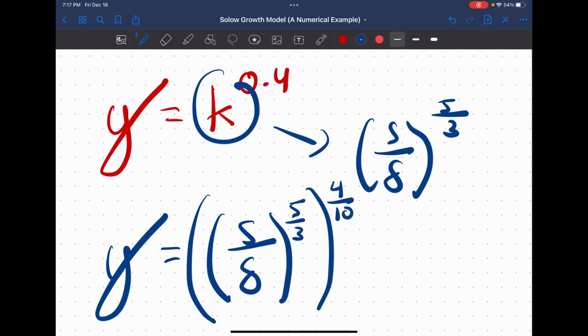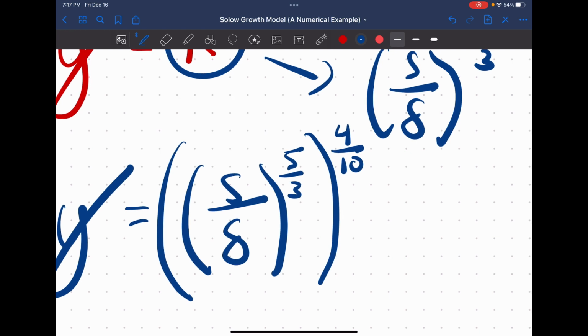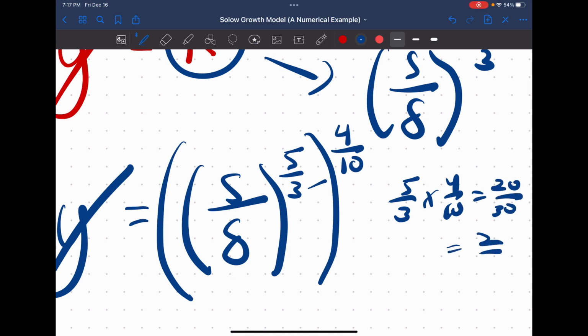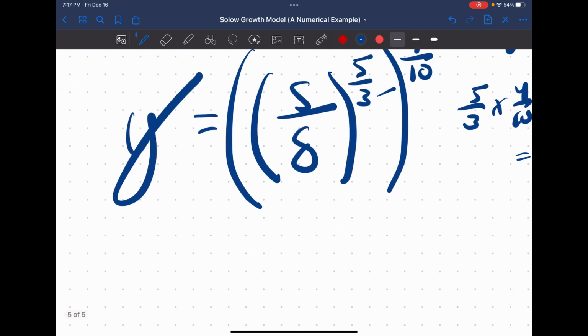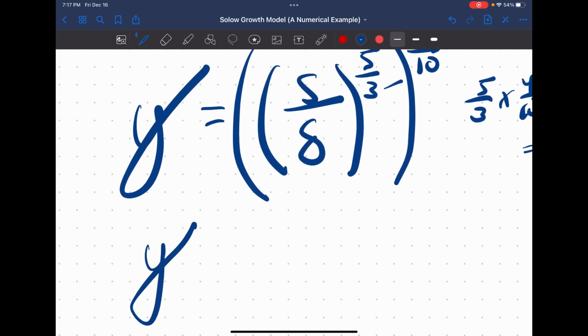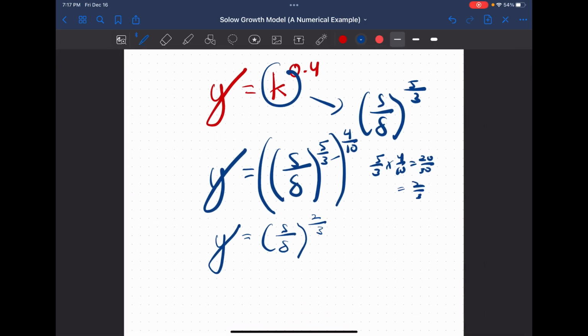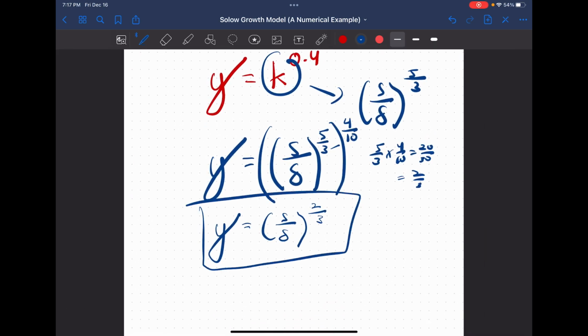And now we just solve this part here. 5 over 3 times 4 over 10 equals 20 over 30, which is 2 over 3. So our steady state output per worker, little y, is equal to savings over depreciation to the power of 2 over 3. So there we go. Now we have solved it. We got the steady state output per worker.